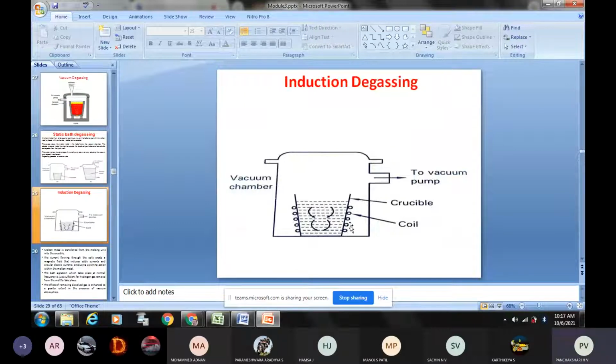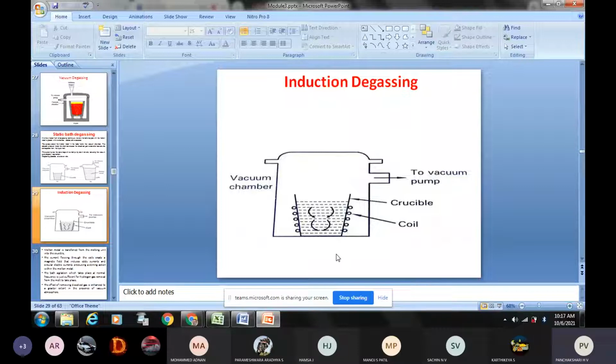Here an induction principle is used. Induction principle we have already studied in this chapter itself. Induction furnace, you remember? The furnace itself is inside the vacuum chamber.